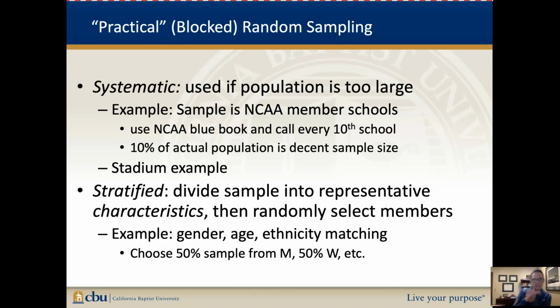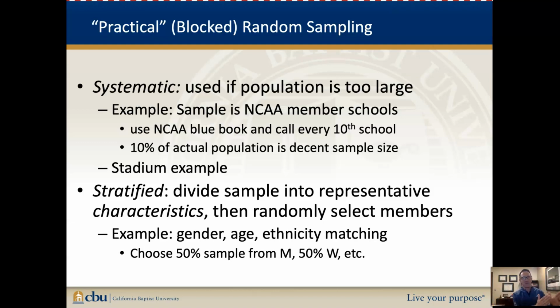So to say it simply, let's say of your population of student athletes in Southern California, you know that 40% are Hispanic, 15% are African American, and 35% are white or Caucasian, for example. Then you would make sure that those numbers are represented in your sample as well.